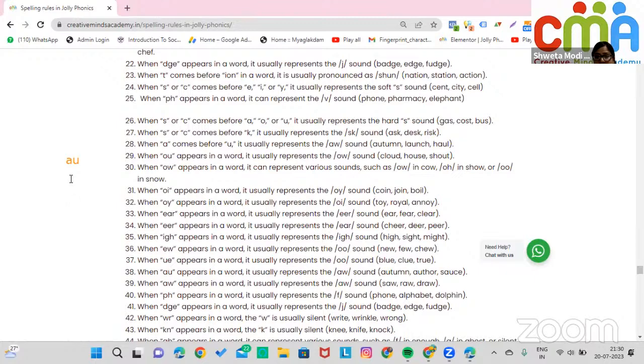OU will give OW sound. OW will give OW sound. Now, OW is one such alternative which has two sounds. It has OW sound also, and it has O sound also.